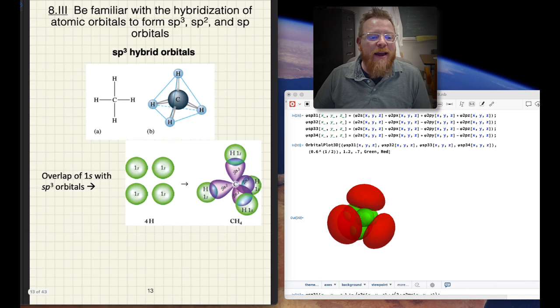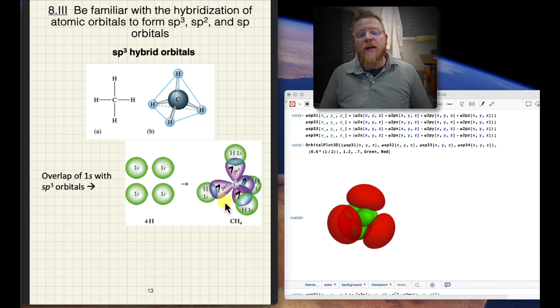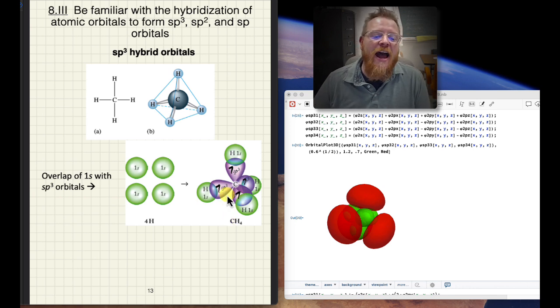So now how do we make a molecule out of this? Well, we had empty orbitals, and we had electrons in each one of those sp3 orbitals. Now we can make a singlet state out of those by overlapping a neighboring hydrogen 1s.